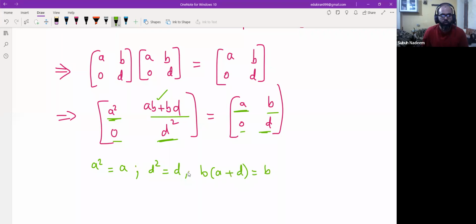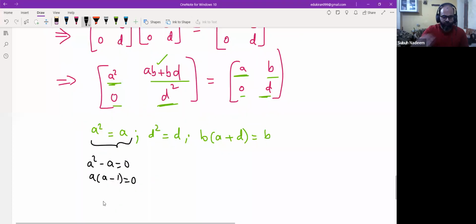Now for this to be an idempotent matrix, all of these should be true. So if all of these are true, then from here what we get? That A square minus A equal to 0, or we say that A into A minus 1 equal to 0, which means A equal to 0 or A equal to 1.